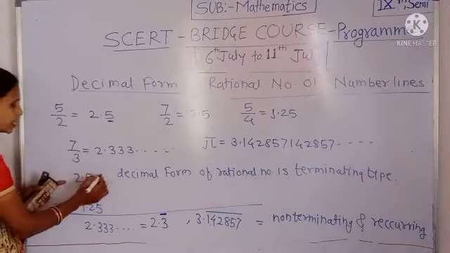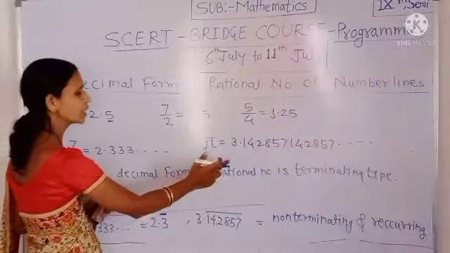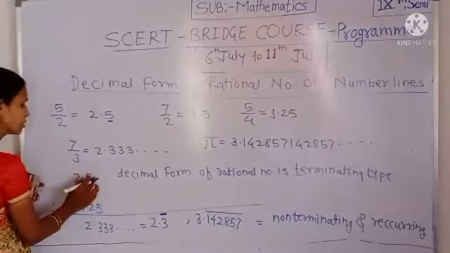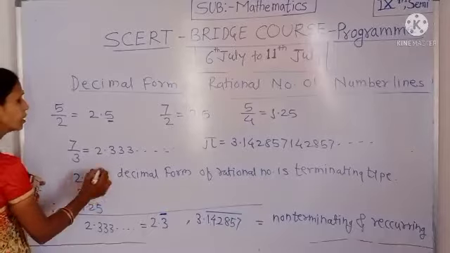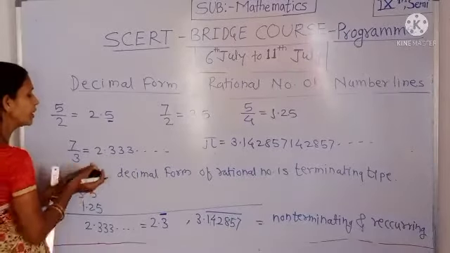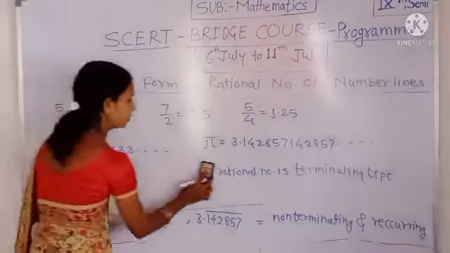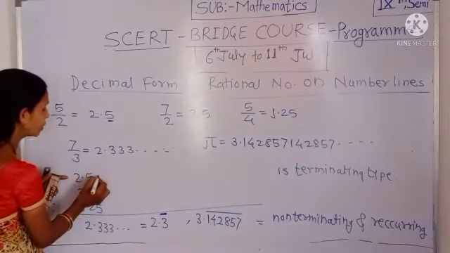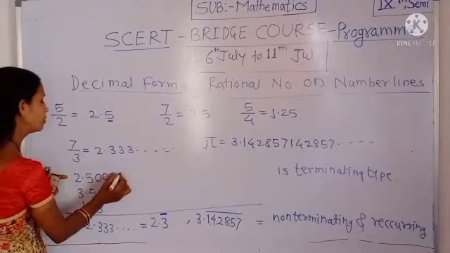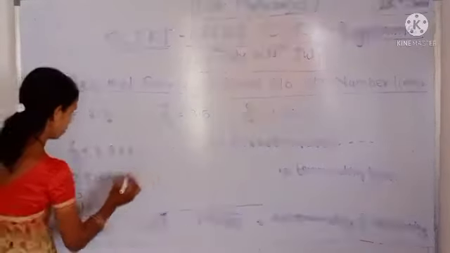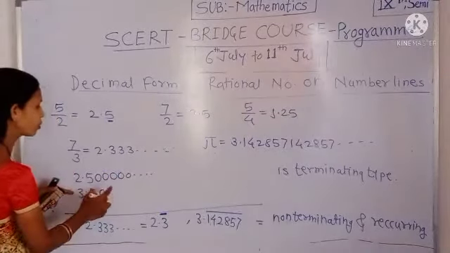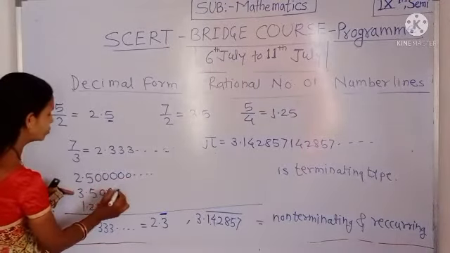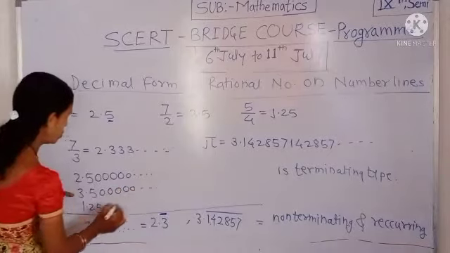Then these are the decimal forms of rational numbers which are terminating type. But we can write these decimal numbers in non-terminating form, because after 5 we can add many zeros. That means they are written as 3.5000, 3.500000.